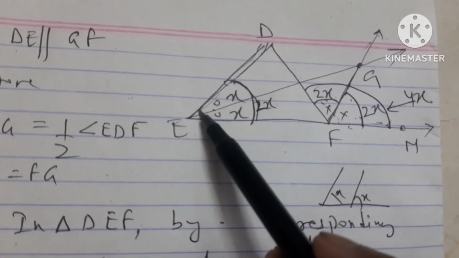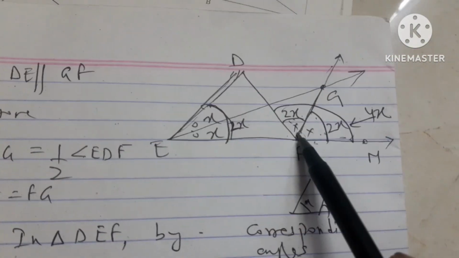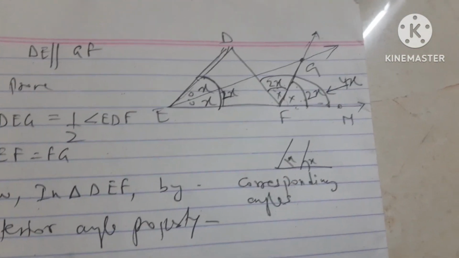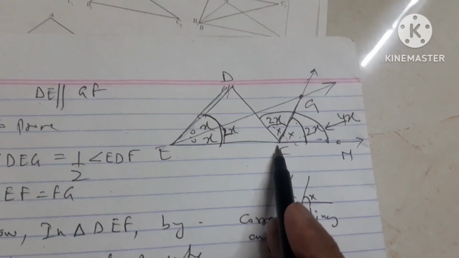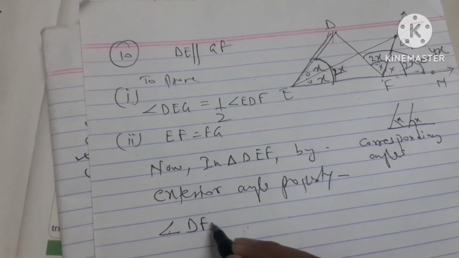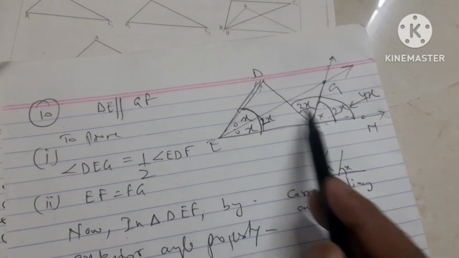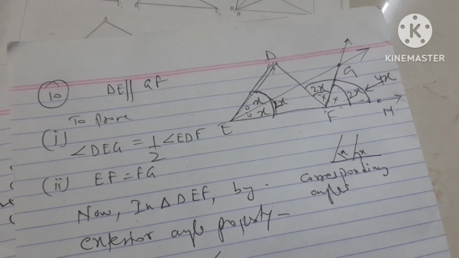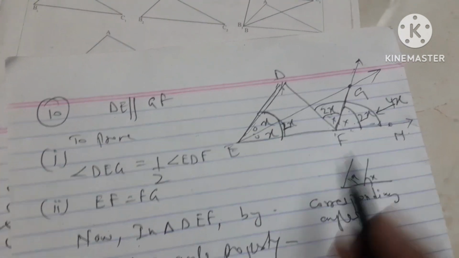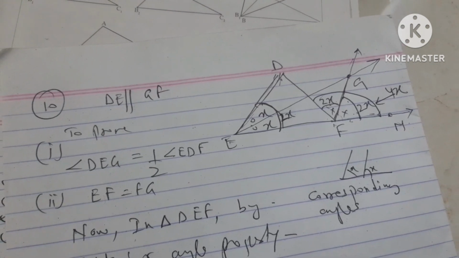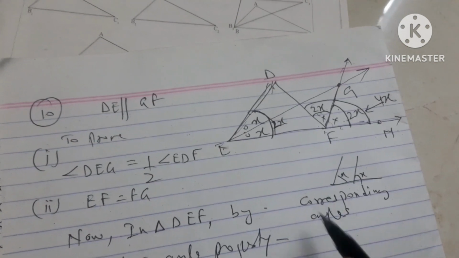Angle DFM, if you see, DFM is the exterior angle, so we write angle DFM equals to the two remote interior angles.